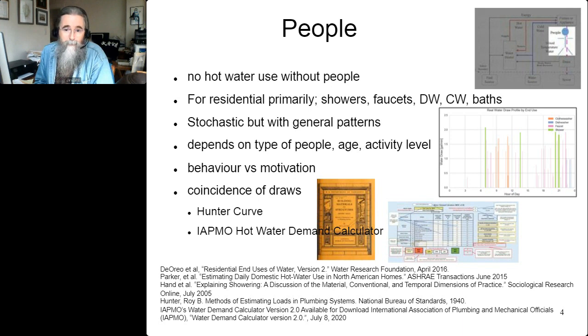That's not the same pattern in, say, a restaurant or a gym or some other building type that uses hot water. It's very stochastic. It's short pulses. There's general patterns of when they're available. It depends greatly on the type of people, how old they are, what they do. It's sort of, are there teenagers in the house or just old folks with gray beards like me?